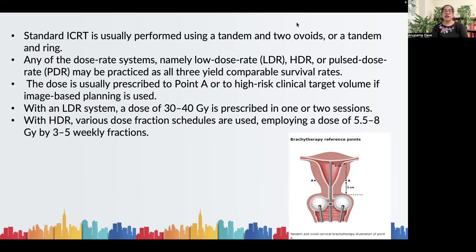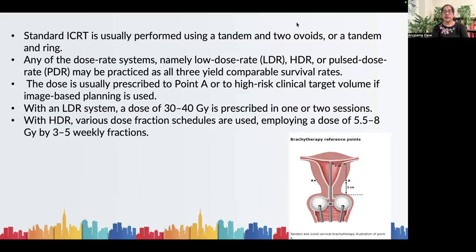Standard intracavitary radiotherapy is usually performed using a tandem and two ovoids and a ring, as shown in this picture. Any of the dose-rate systems, namely low dose rate, high dose rate, or pulsed dose rate, may be practiced, as all three yield comparable survival rates.